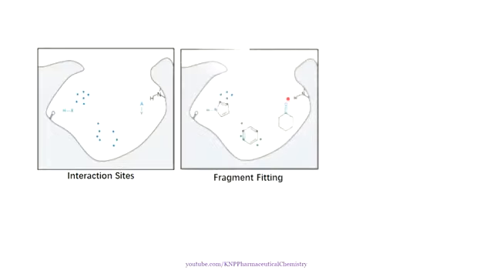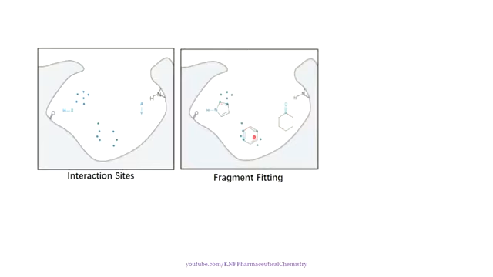Here, for example, consider this as the active site. In this, we are going to fit our required fragments. For example, here it may be a pyrrole, here a benzene, and a cyclohexanone.